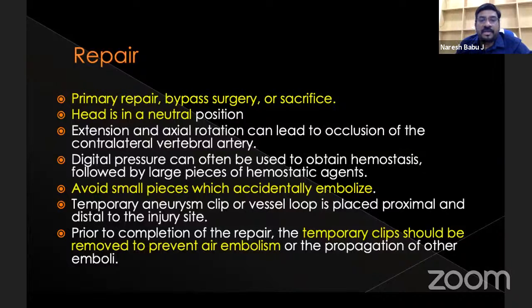Digital pressure can be used to obtain hemostasis. You should avoid using small pieces of hemostatic agents because they tend to embolize, leading to stroke. Temporary aneurysm clips, when placed, should be opened prior to the completion of the repair.